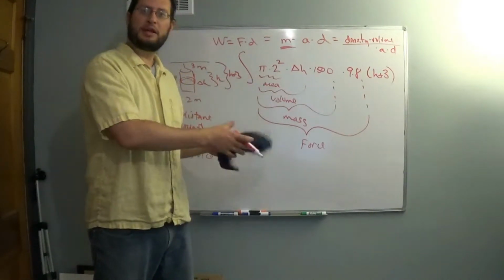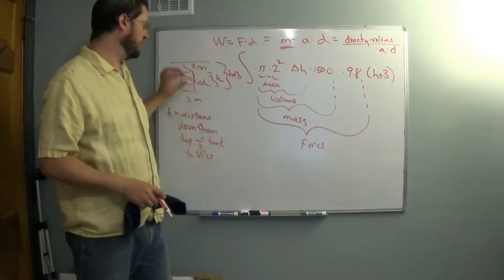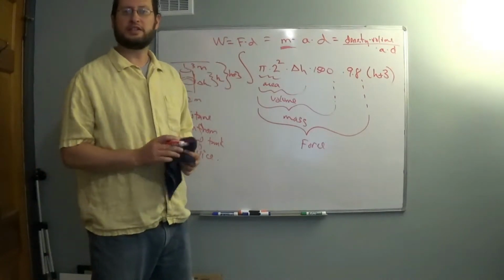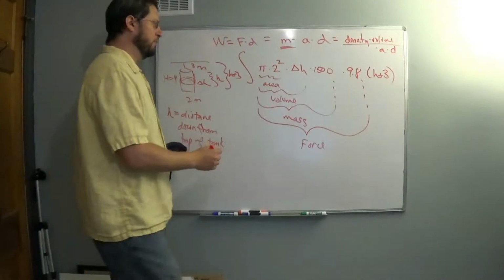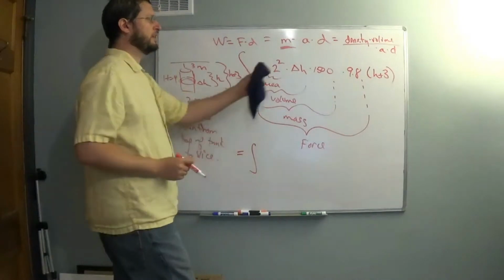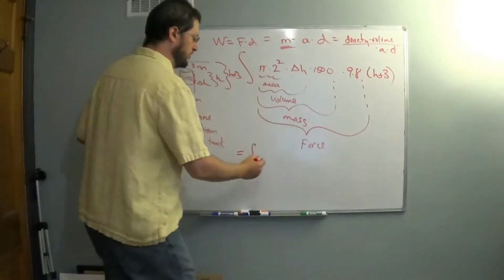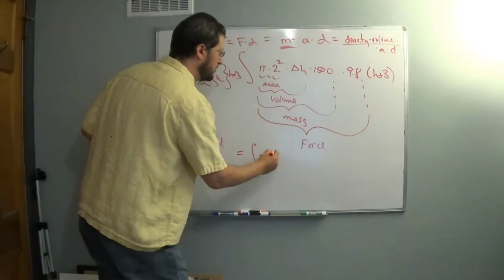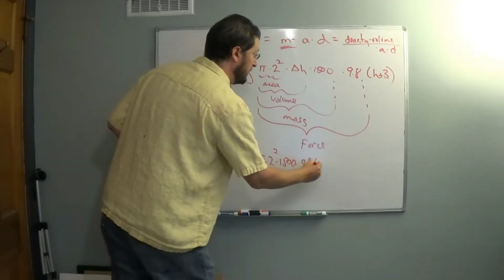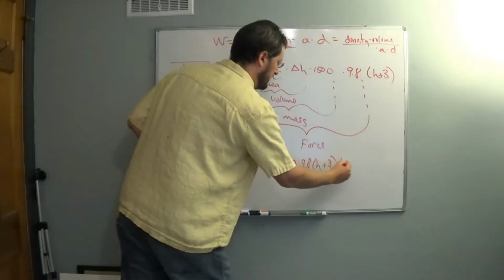Then we're taking a limit as delta h goes to 0, as the thickness of my slice goes to 0, that is, the number of my slices goes to infinity. And once we actually take a limit, it really does become an integral, and the delta h becomes dh. So this is really pi times 2 squared times 1500 times 9.8 times (h plus 3) dh.